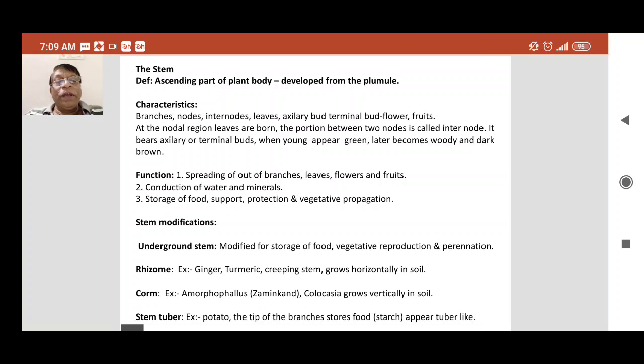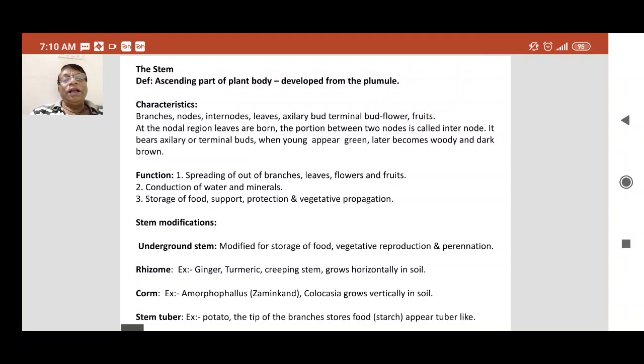The stem modification may be studied under three headings: underground stem modification, subaerial stem modification, and aerial stem modification.